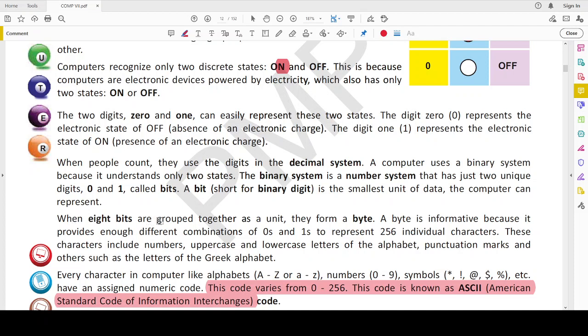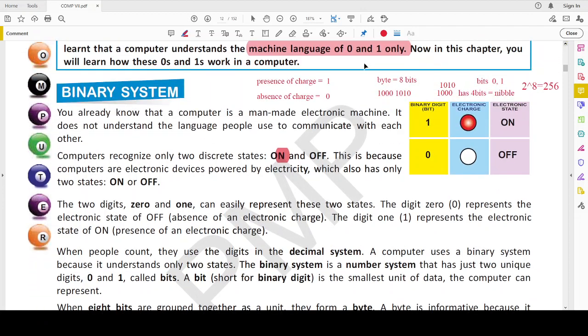When 8 bits are grouped together as a unit, they form a byte. So you have seen, when you group 8 bits, 1, 2, 3, 4 and 1, 2, 3, 4, there are 8 bits, called a byte, right?